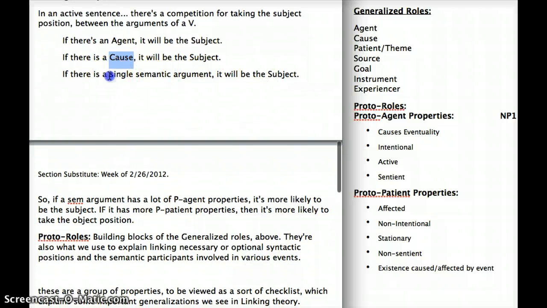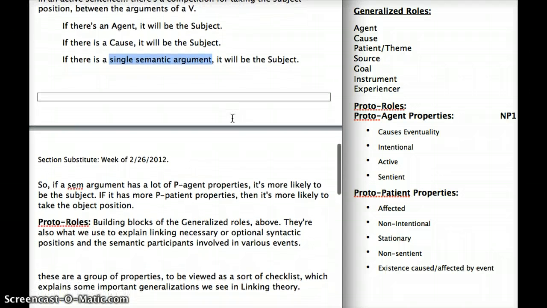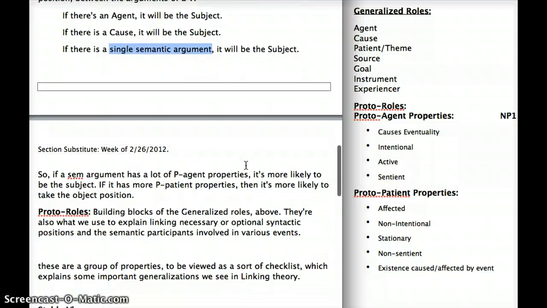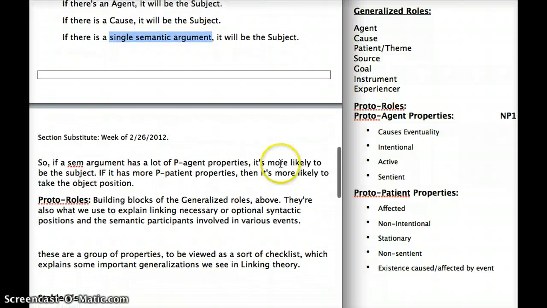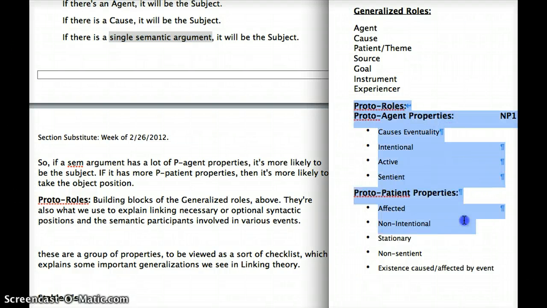If there's a single semantic argument and no agent, it will also be the subject. So if a semantic argument has a lot of proto-agent properties, it's more likely to be the subject. And if it has more proto-patient properties, then it's more likely to take the object position. So these are these proto-agent and proto-patient properties that we see here.